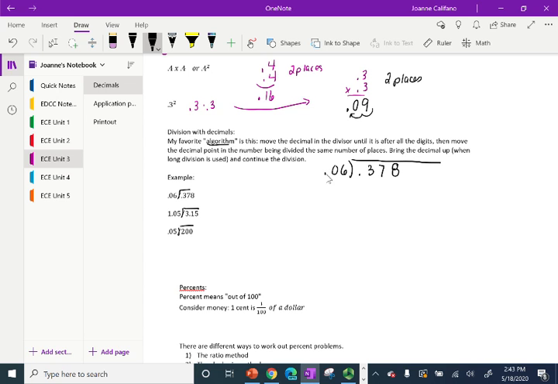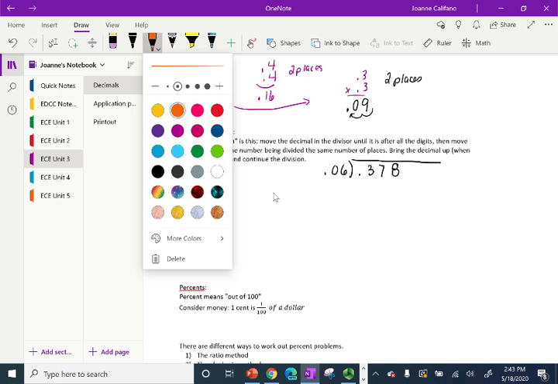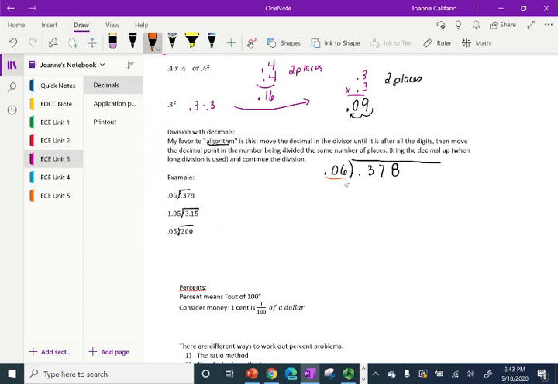My algorithm says move that decimal over until you have a whole number. So I'm going to move my decimal over 2 places in my divisor and then match that. We're going to do this 2-step dance here and move it 2 places over here in the dividend.